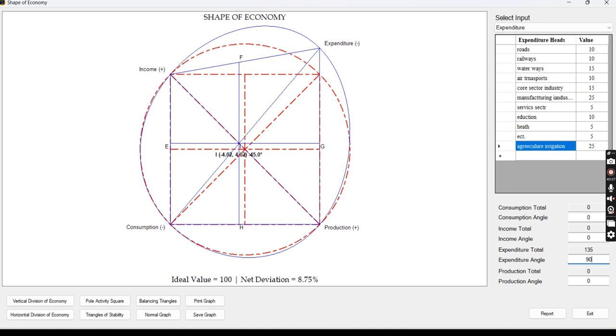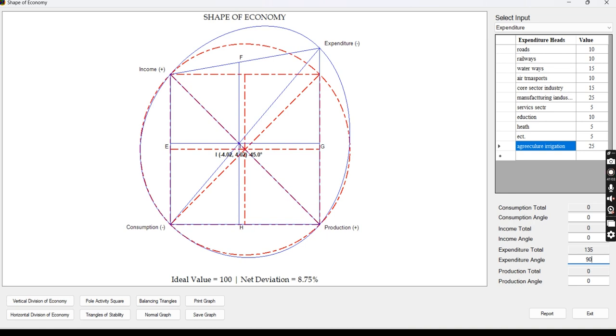What does it signify? That expenditure is incurred on the appearing heads, and almost all the activities are related to increasing the productive activities in the GDP or any other economy.